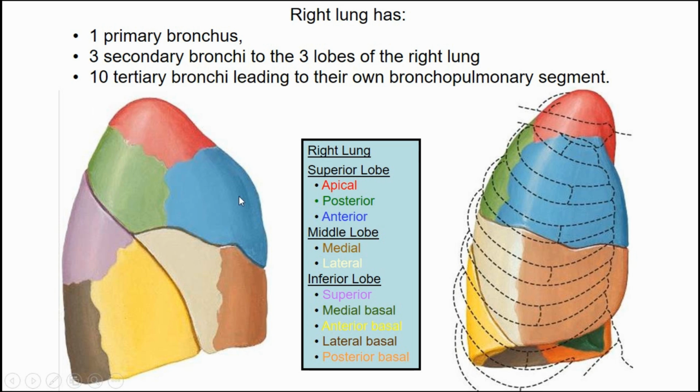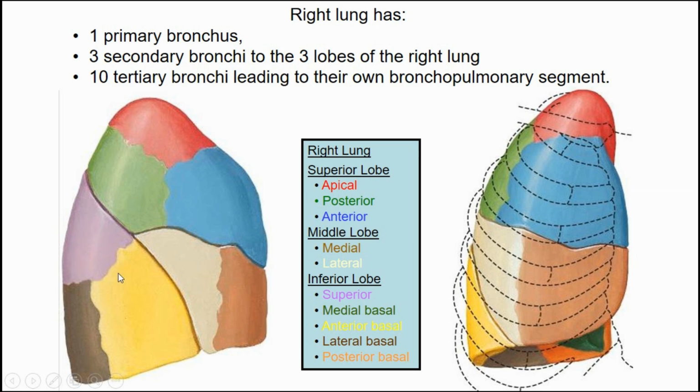So just for the sake of completeness, superior lobe of the right lung has an apical segment right here, posterior and anterior segment, and there's a tertiary bronchus going to each of those. Right here, the middle lobe has a medial and lateral segment. You can see it on this side as well. And then the inferior lobe has some interesting stuff going on.